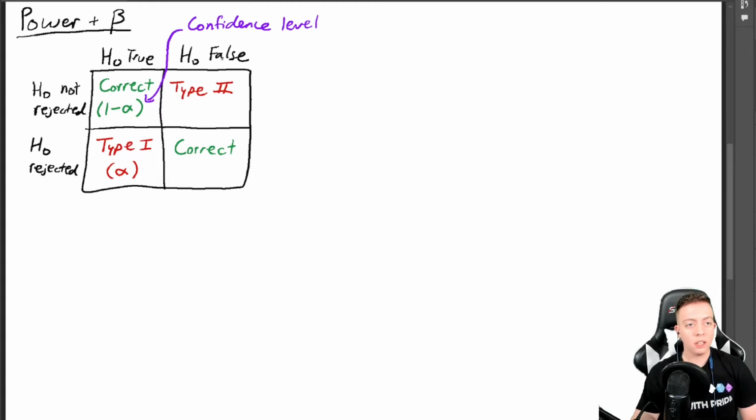If we have a difference, the null hypothesis is false, but we do not reject it, we fail to recognize a difference. This is a type 2 error. And of course, if our null hypothesis is false and we appropriately reject it, that is a correct conclusion.